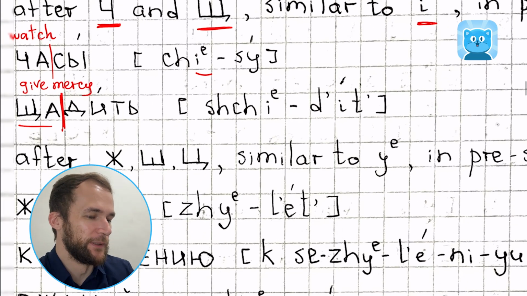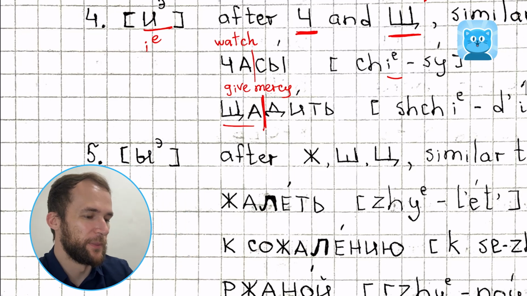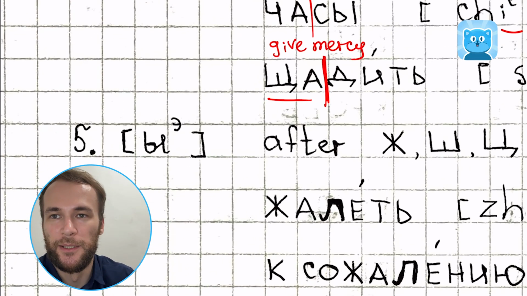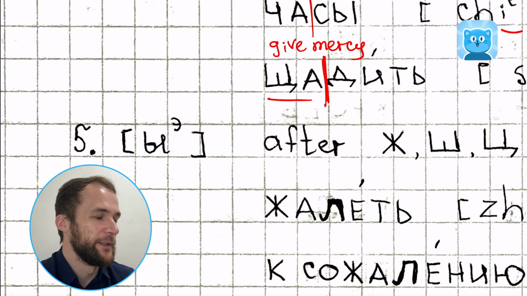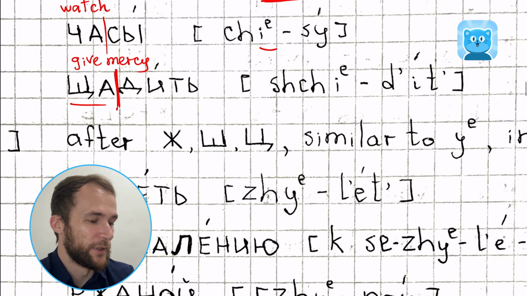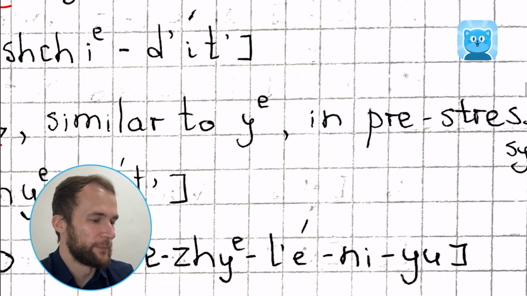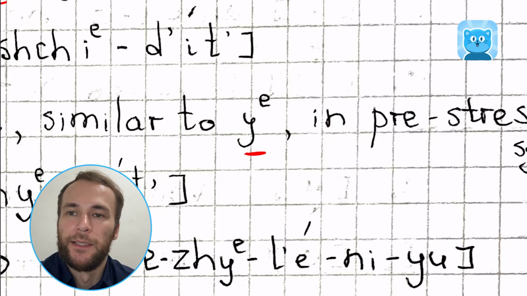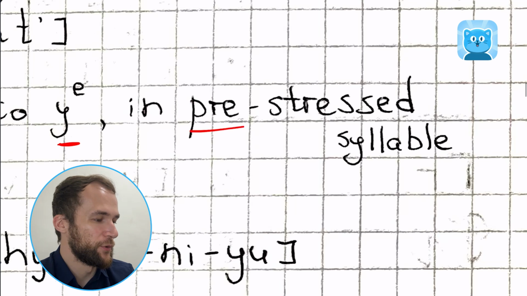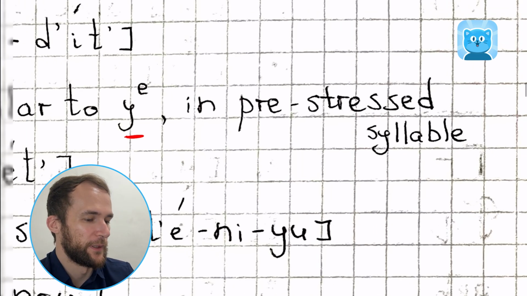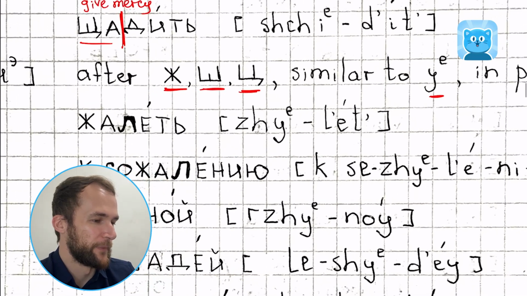Now next one, sometimes it can be pronounced as u. And it happens when it is after zh, after sh, and after ts. So it's pronounced as u. And again, it comes in a pre-stressed syllable. Let's see.